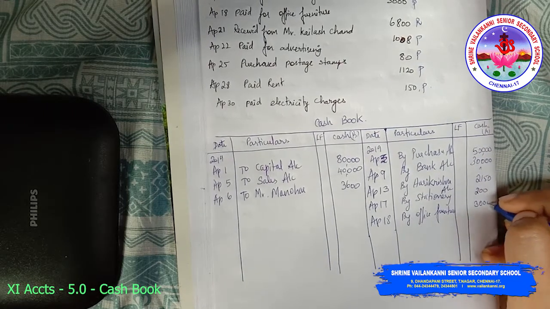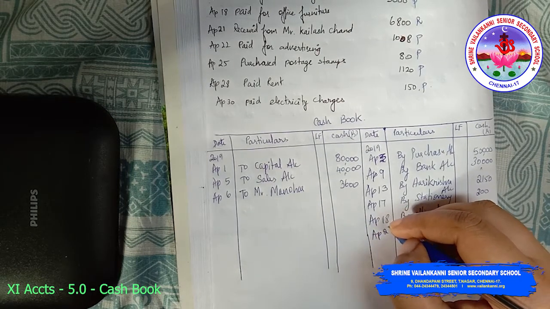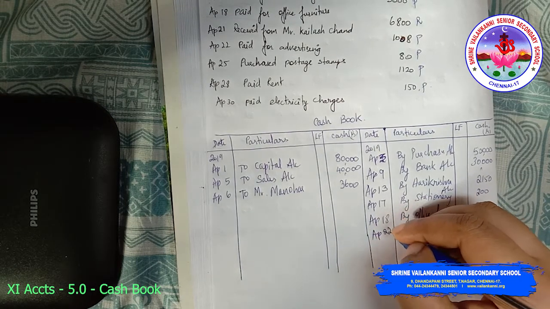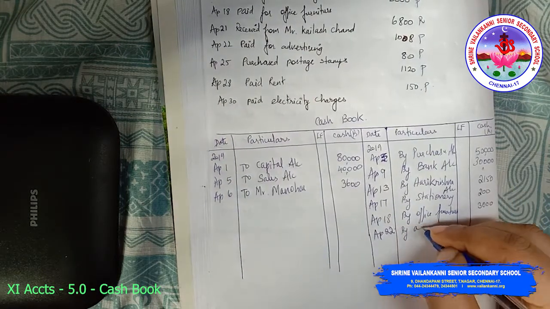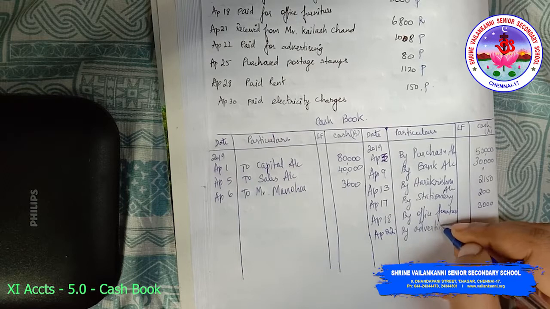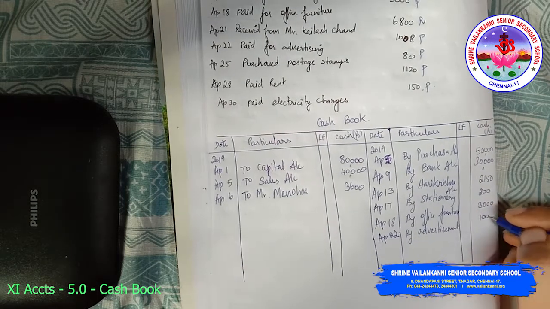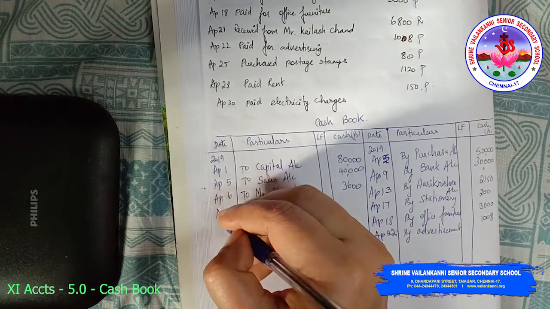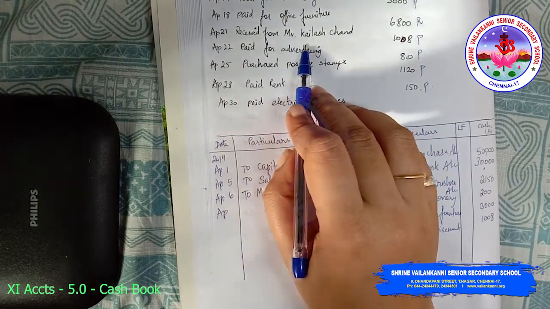Office furniture is 3,000. April 21, no, it's a receipt. April 22, payment, paid for advertisement, by advertisement, 1,008.